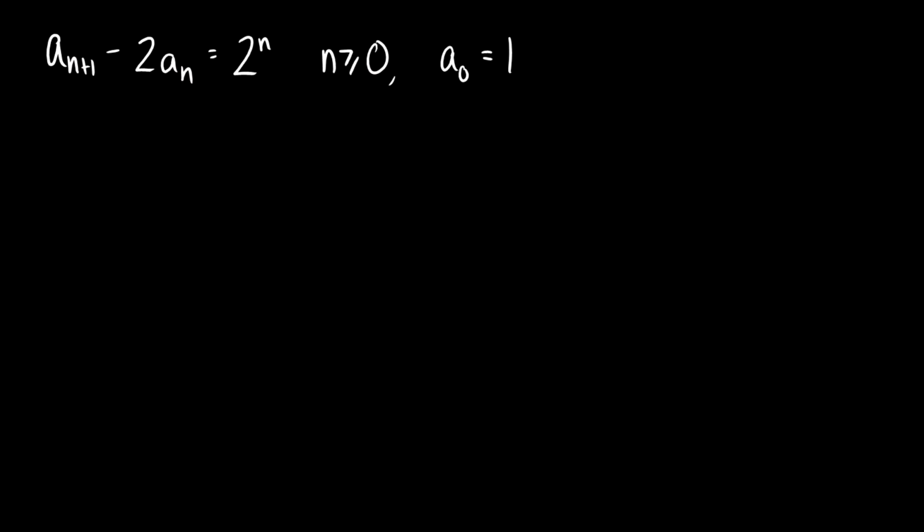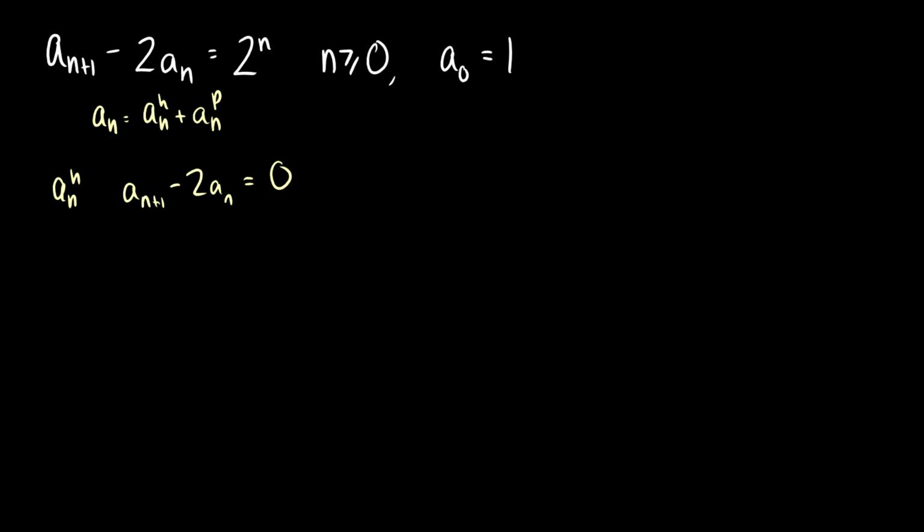a_{n+1} minus 2a_n is equal to 2 to the n. So what do we do? We say a_n is equal to the solution to the homogeneous plus the particular solution. So let's find a_n^(h) first. Okay, so we have a_{n+1} minus 2a_n is equal to 0.